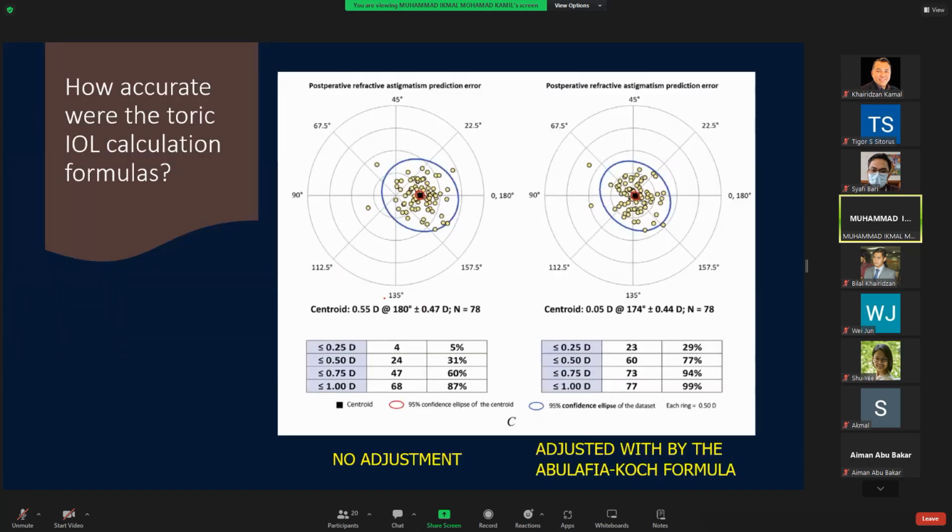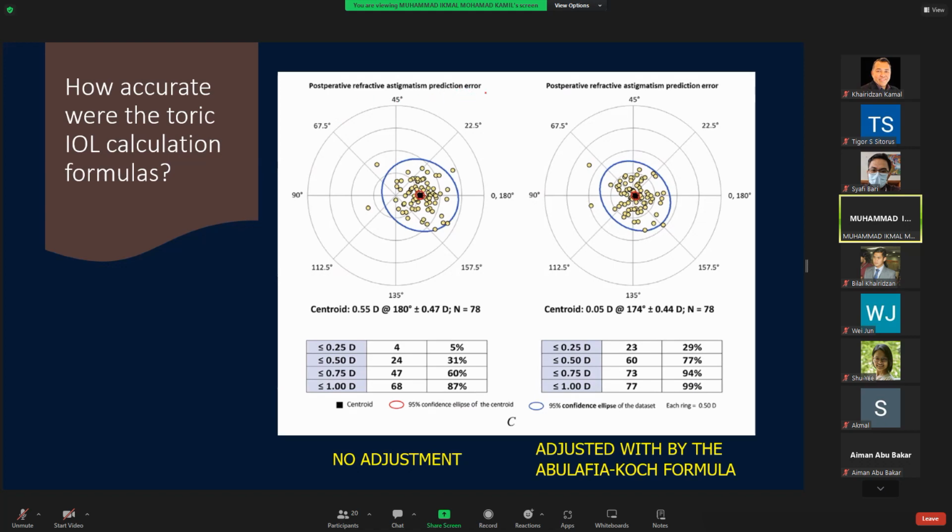So how can we know how accurate the toric IOL calculation formula was? How can we calculate post-operatively, how do we do the analysis? This is the most important graph for us to analyze our own post-op toric IOL estimate. The post-op refractive prediction error.